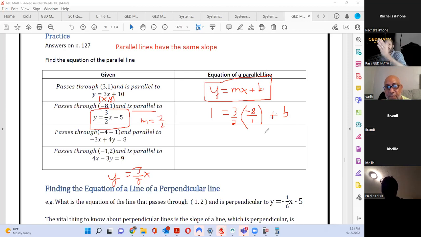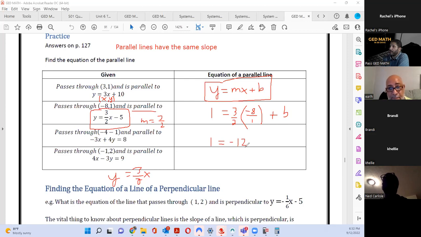So I want you to multiply 3/2 times -8 and tell me what you get. What is 3/2 times -8? -12. Did anybody else get anything different than -12?